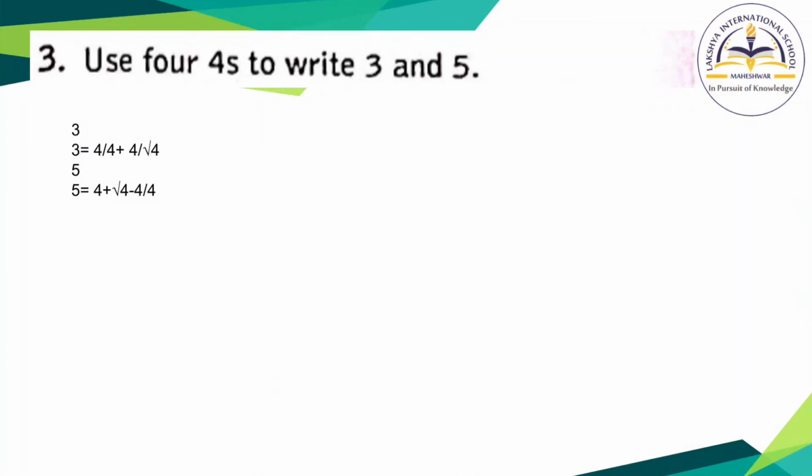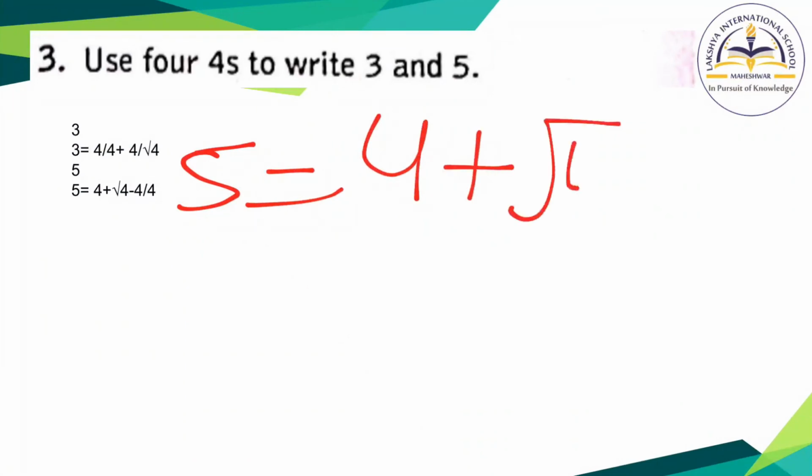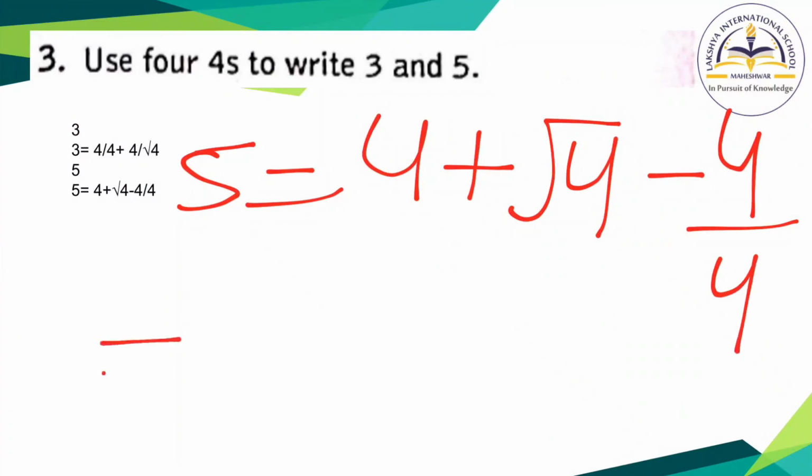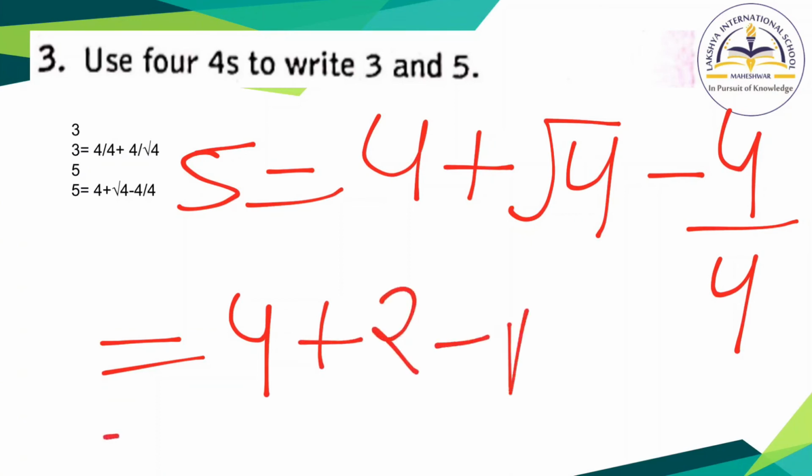Now for 5, again, 4 plus root 4 minus 4 divided by 4. Now root 4 equals 2. Now minus 4 divided by 4, that is 1. 4 plus 2 is 6, minus 1, you will get 5.